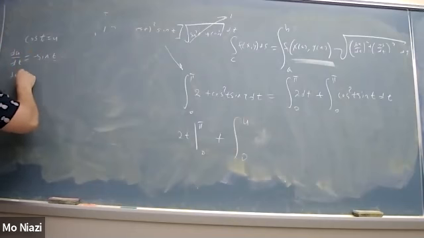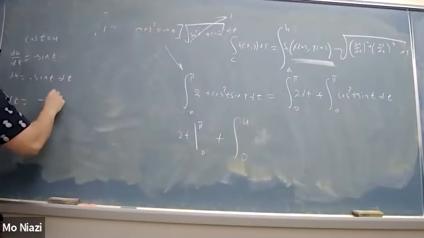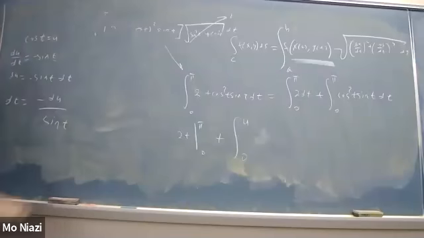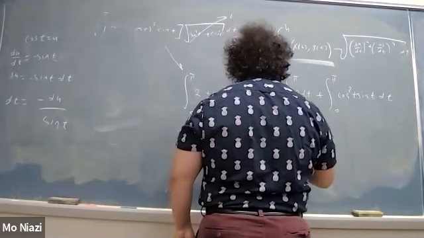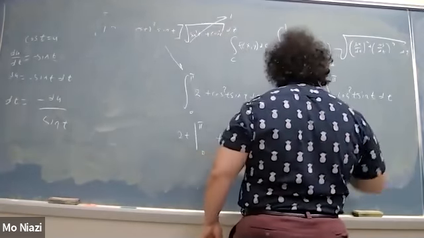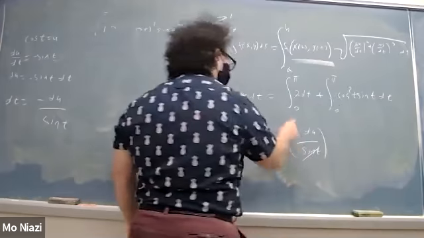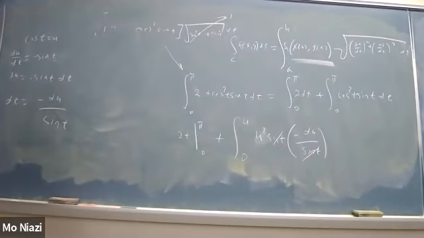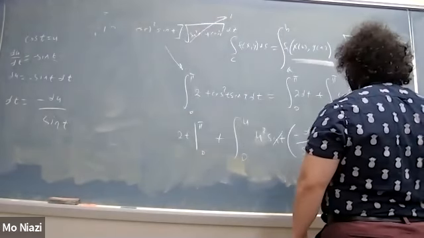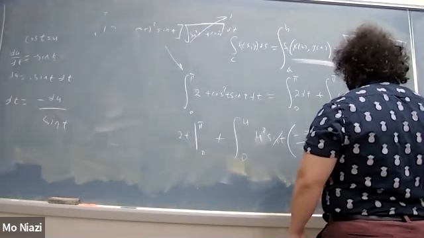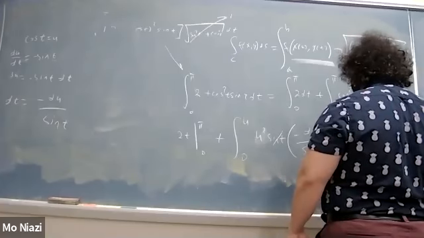And so du is negative sine of t dt, and so dt is negative du over sine of t. Then this becomes u squared sine of t, and dt gets replaced with negative du divided by sine of t. Notice that that cancels out the sines, and now we have an integral purely in u. Very good. That integral becomes 2 pi minus 0, and that's added to this integral, which becomes u cubed over 3, evaluated from 0 to pi.